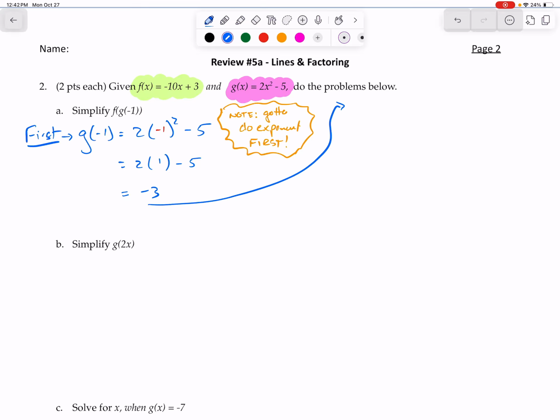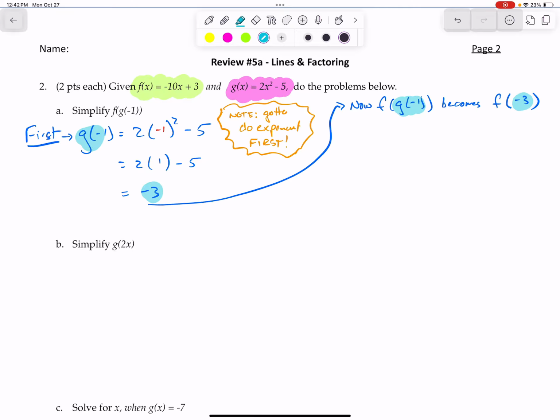Now, f of g of -1 becomes f of -3, because we know that g of -1 equals -3.